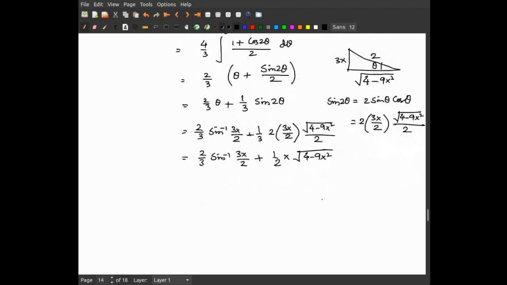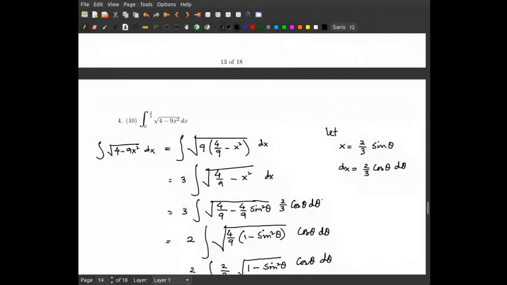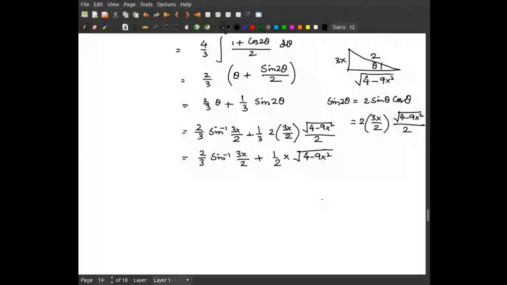But again, that's not the final answer because we are actually interested in the definite integral, which is this: from 0 to 2 over 3 of the square root of 4 minus 9x squared dx. So we have to plug in the upper limit and the lower limit.